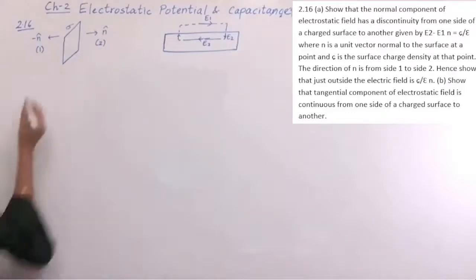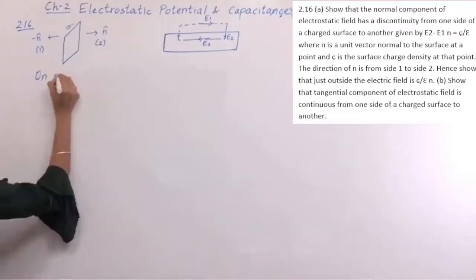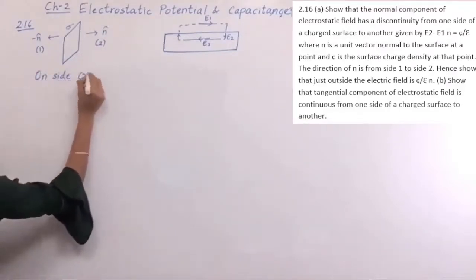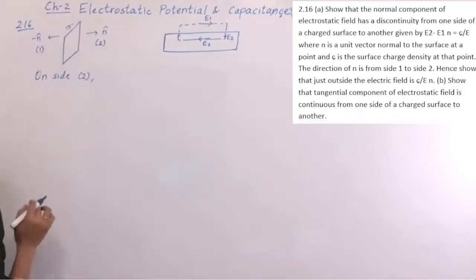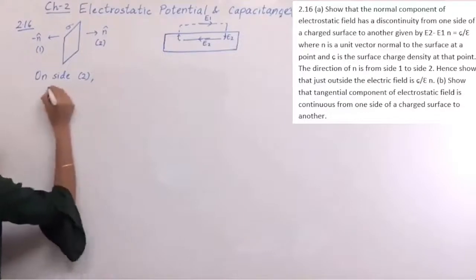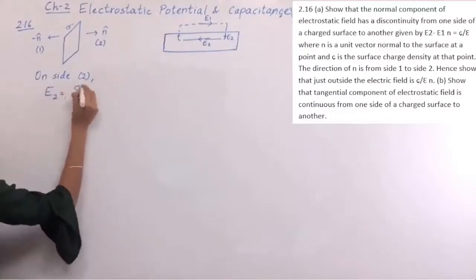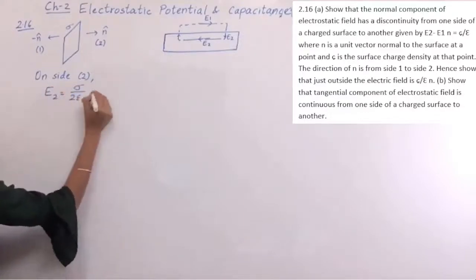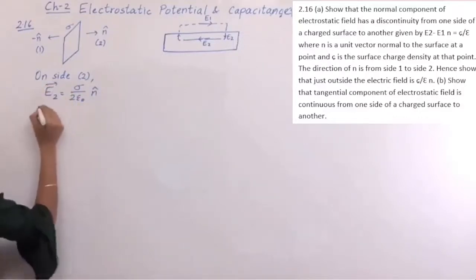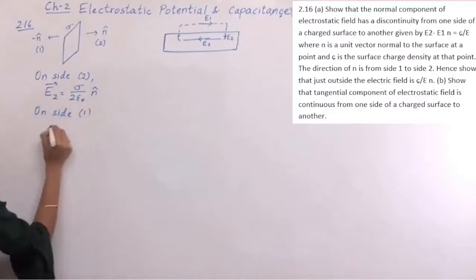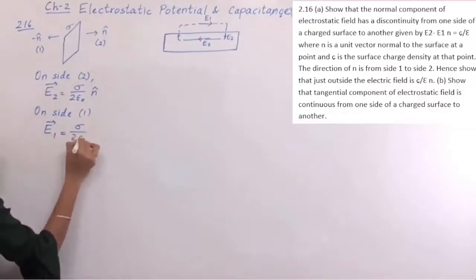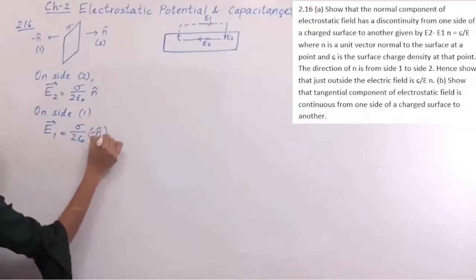So let us see. On side 2, for a plate which has uniform surface charge density, E will equal sigma by 2 epsilon 0 n cap, and on side 1, E1 equals sigma by 2 epsilon 0 times minus n cap.